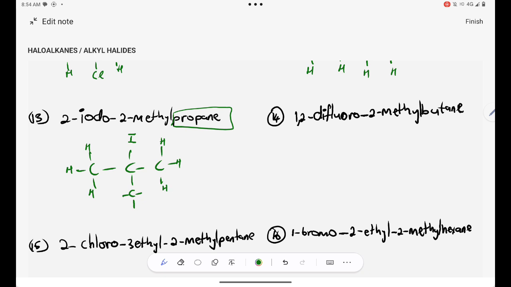You might be asked about it whenever you're dealing with chemical reactions with regards to organic compounds. It's a tertiary haloalkane because the carbon bonded to the halogen is bonded to 3 other carbons. That's why it's a tertiary haloalkane.